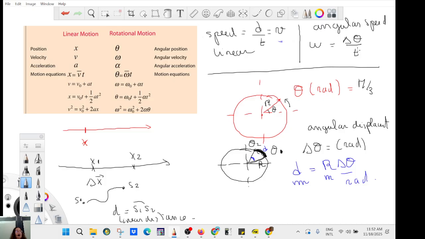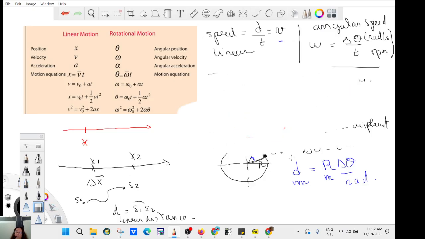So for example, 33 revolutions per minute. One revolution is 2 pi, so 33 times 2 pi divided by 60. The unit here is rad per second or RPM. Agree? Stay with me, that's going to be very useful.